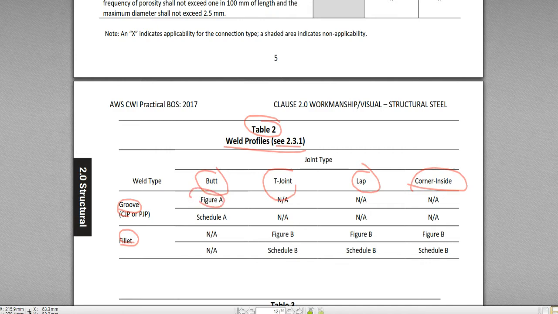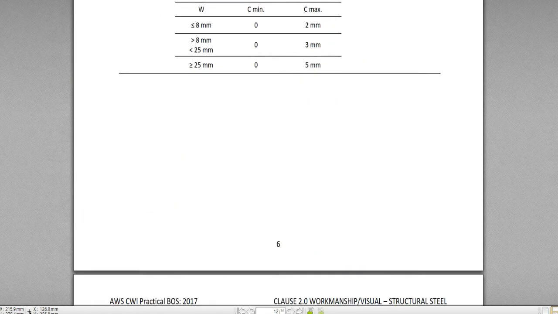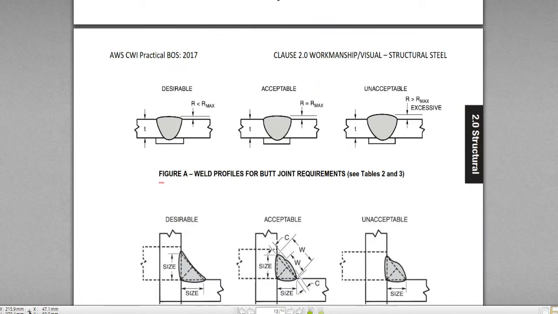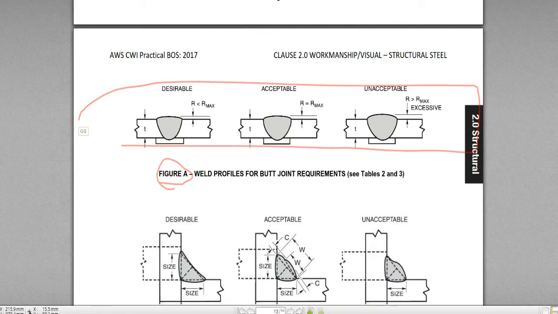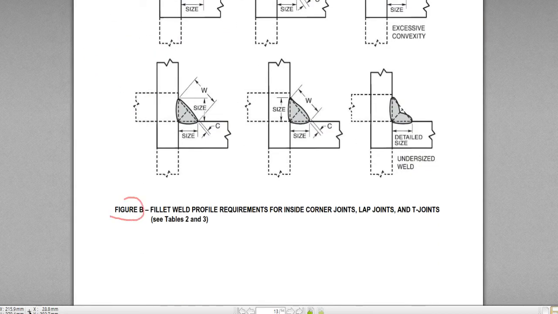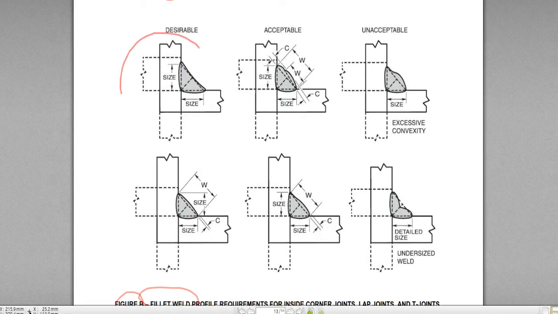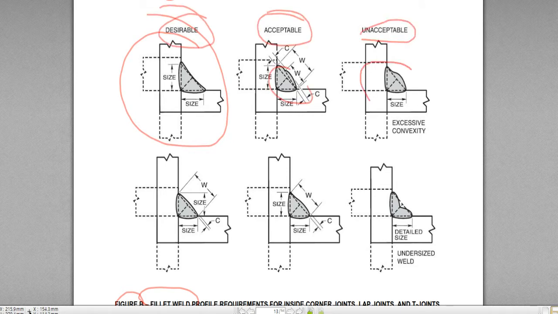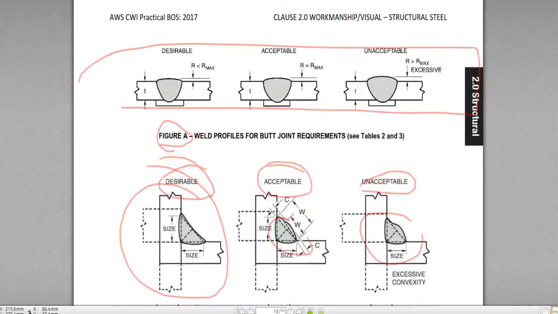In Figure A, you can see the butt joint groove weld, like here. Figure B is fillet weld: desirable fillet weld, acceptable fillet weld, and unacceptable fillet weld, like here. So these are weld profiles.